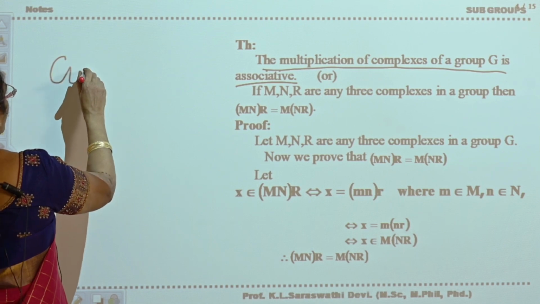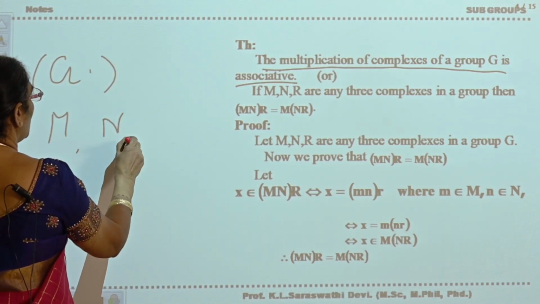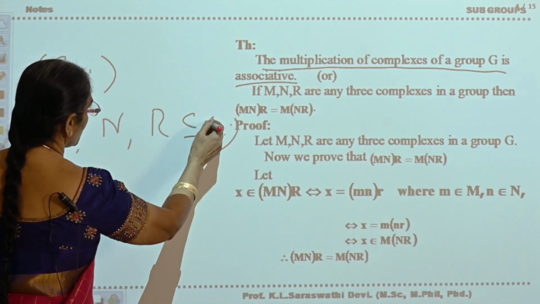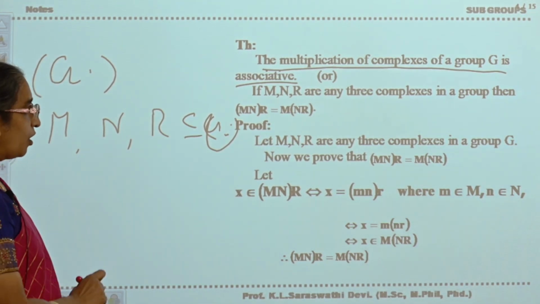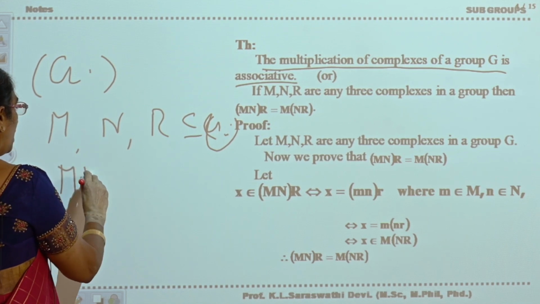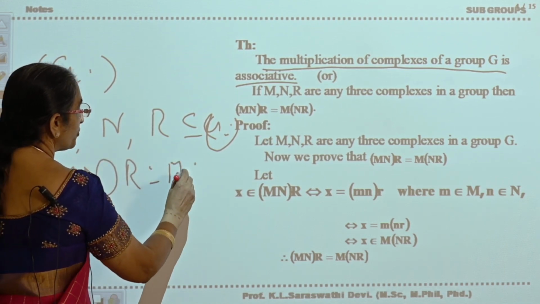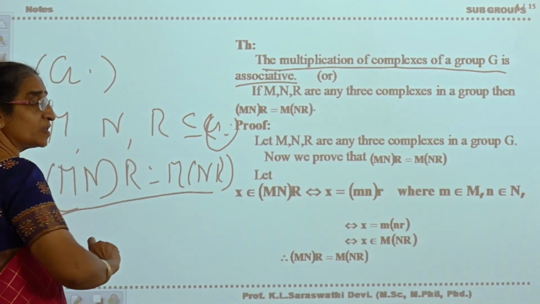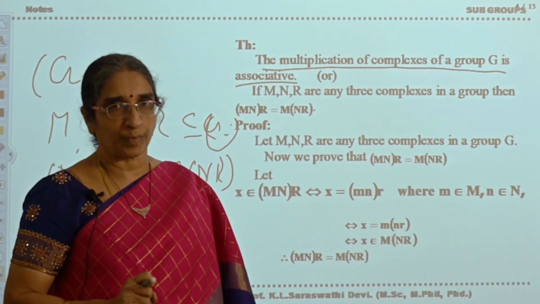Suppose G dot is a group you have taken, and M, N, R are three subsets of G. Now what you are going to prove is (MN)R is equal to M(NR). That is, the product of complexes of a group G satisfies the associative property.